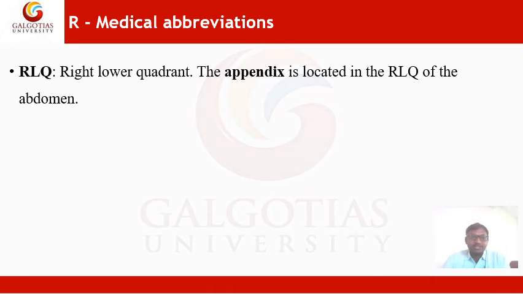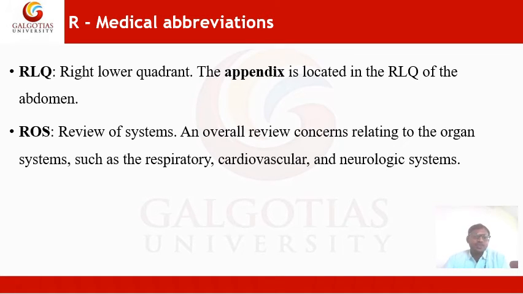And continuing with the R medical abbreviations. RLQ, right lower quadrant. The appendix is located in the RLQ of the abdomen. In a previous slide I also discussed the quadrants of the abdominal regions.